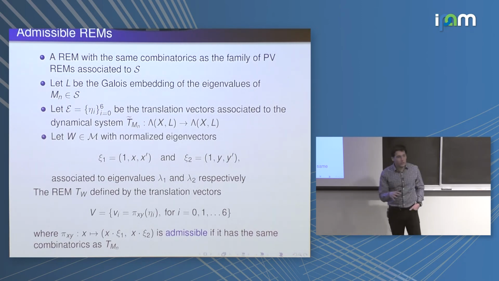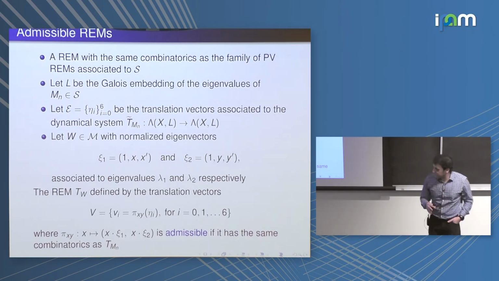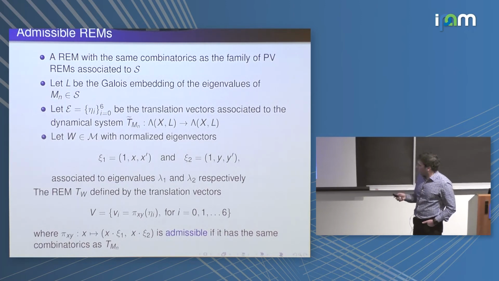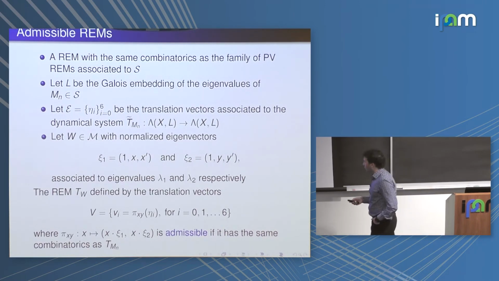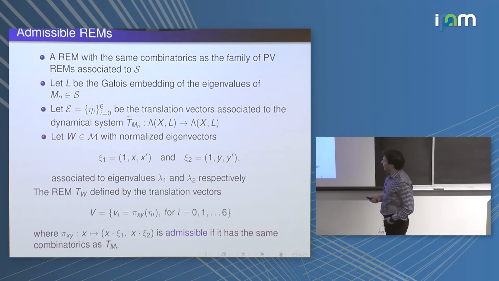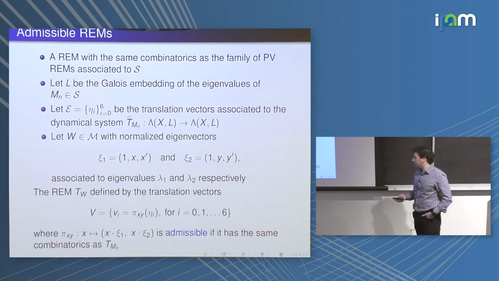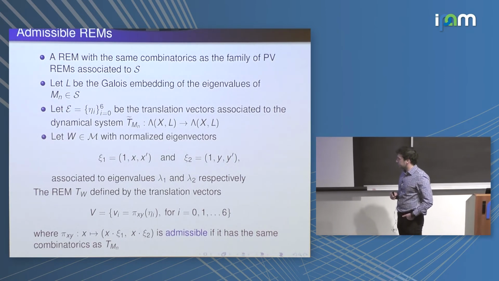So back before when I said that all of the matrices Mn would give us REMs with the same combinatorics, essentially what that's saying is that the integer coordinates of these translation vectors are all going to be the same. So we can just fix this set once and for all, script epsilon, to be those 7 translation vectors.